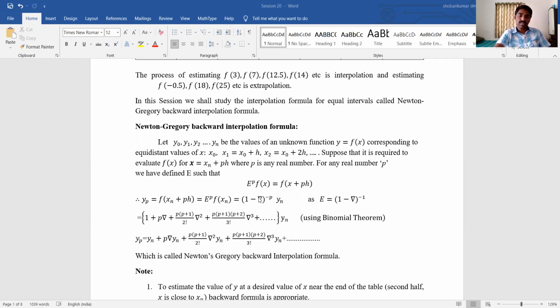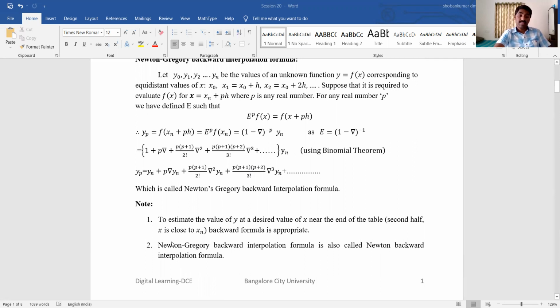And expanding (1 minus nabla) to the power minus p by using binomial expansion and simplifying, we get yp is equal to yn plus p into nabla yn plus p into (p plus 1) divided by 2 factorial into nabla square yn plus p into (p plus 1) into (p plus 2) divided by 3 factorial nabla 3 yn plus and so on, which is called Newton's Gregory backward interpolation formula.